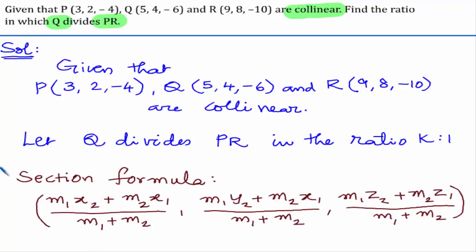So the section formula is (M1x2 + M2x1) by (M1 + M2), (M1y2 + M2y1) by (M1 + M2), (M1z2 + M2z1) by (M1 + M2).